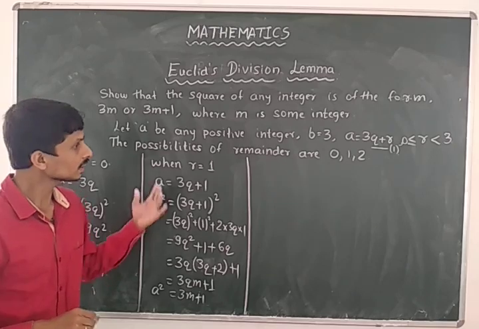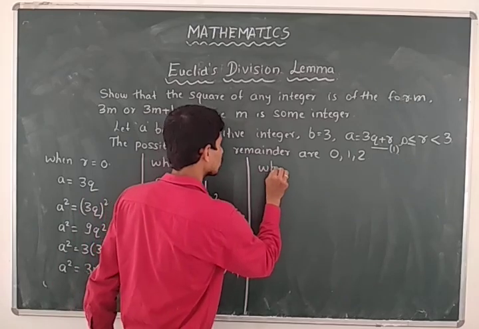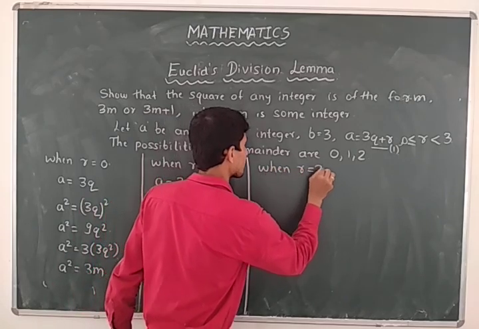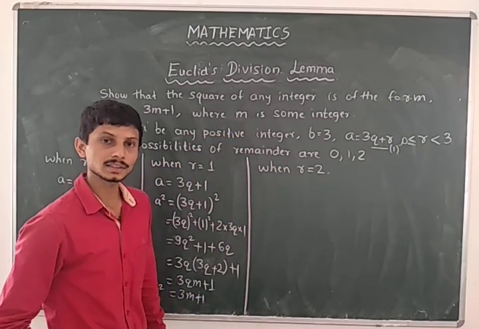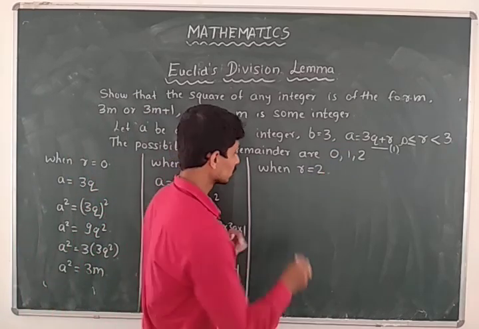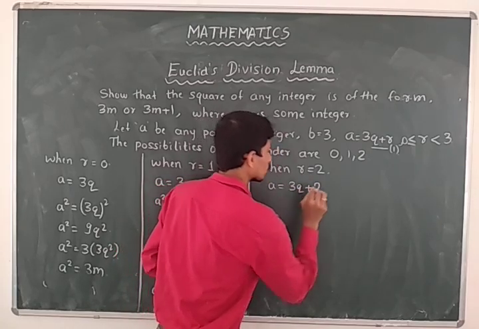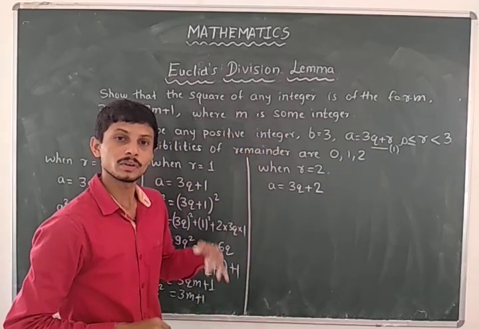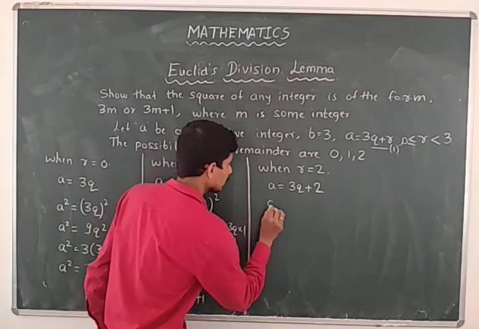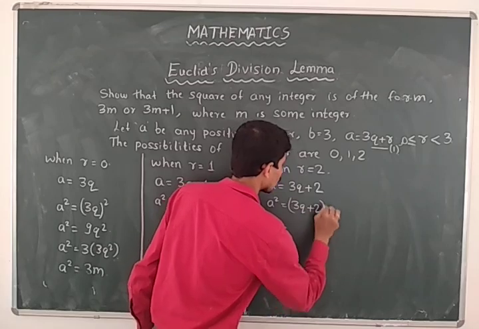So let us check by taking r is equal to 2. When r is equal to 2, just insert r is equal to 2 in equation 1. So a is equal to 3q plus 2. We have to square that one. a square is equal to 3q plus 2 whole square.